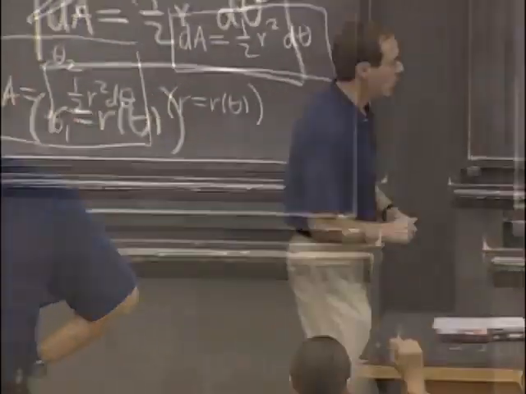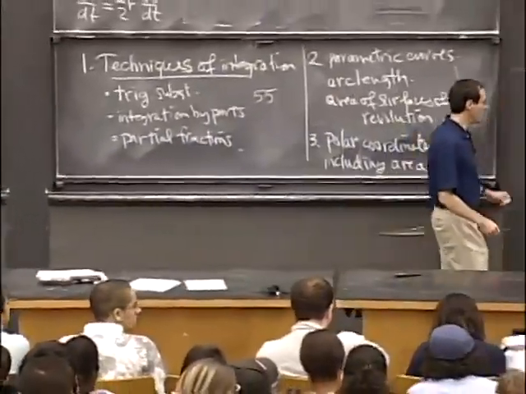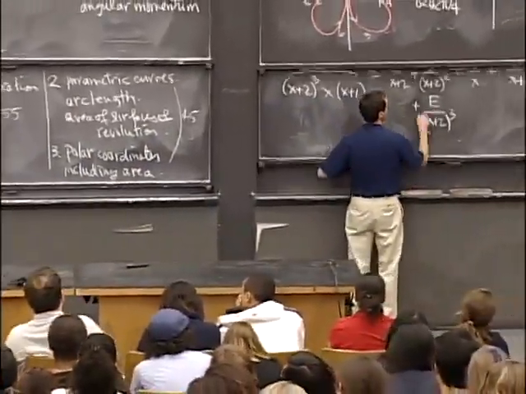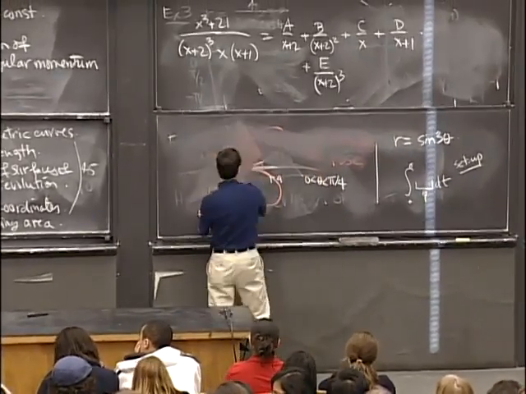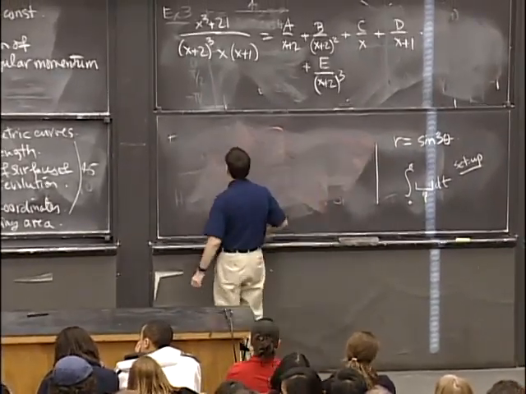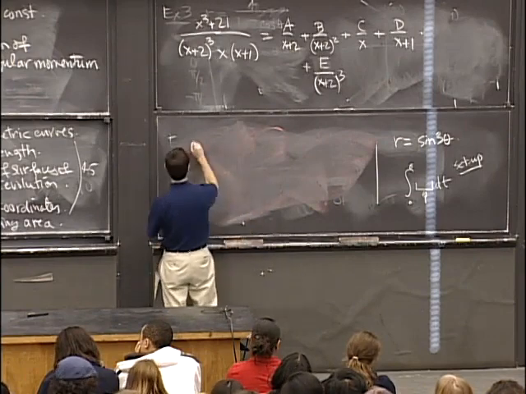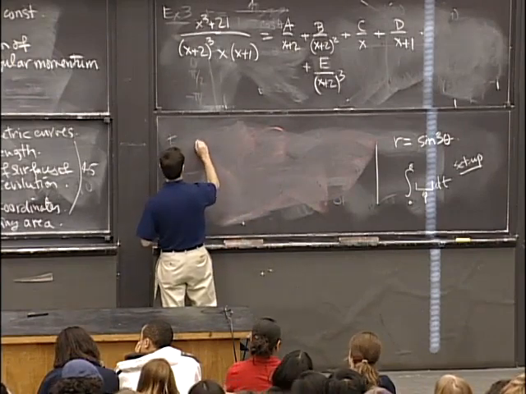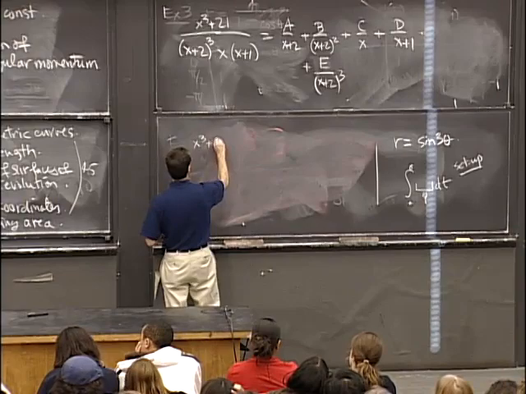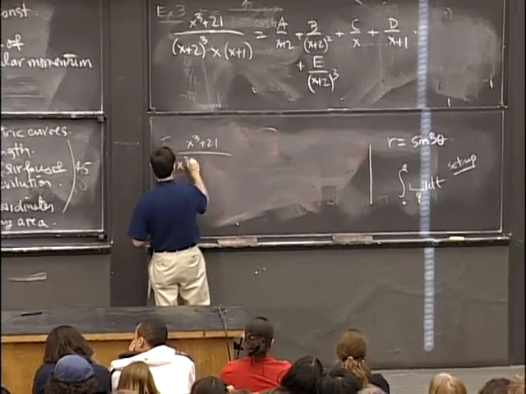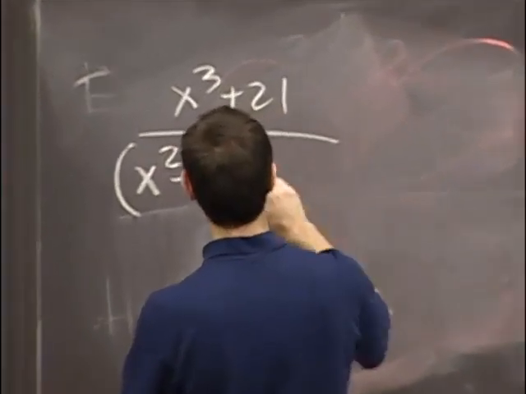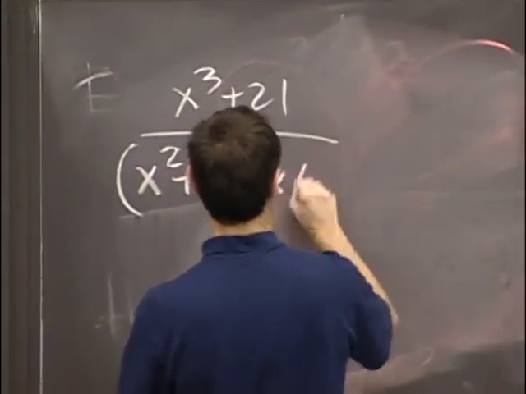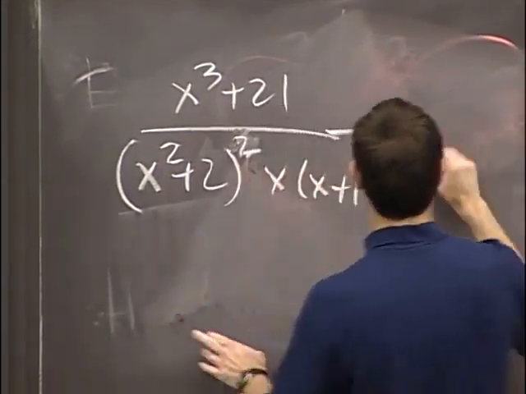Okay, so the question had to do with the partial fractions method. And what happens if you have a quadratic? So for instance, if it were this one, it's too disgusting. I'm going to just do it with two of them. All right?